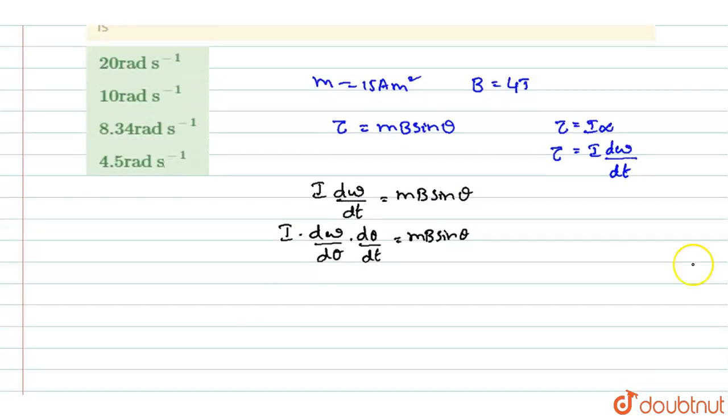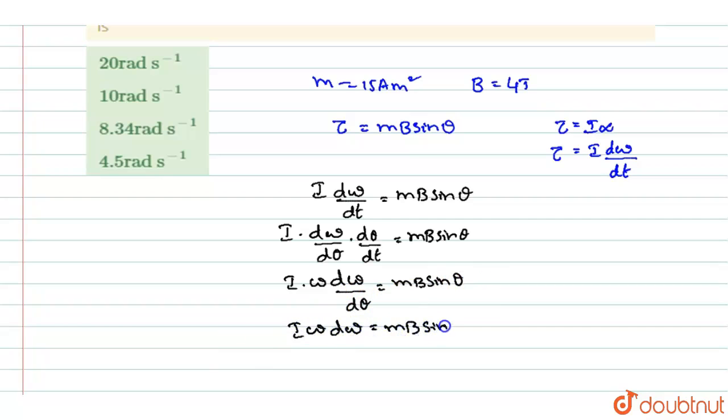We write d theta by dt as omega, because the rate of change of angular displacement is angular velocity. So I into omega into d omega by d theta is equal to mb sine theta. Now this d theta term we take to the other side, so you get I omega d omega is equal to mb sine theta into d theta.